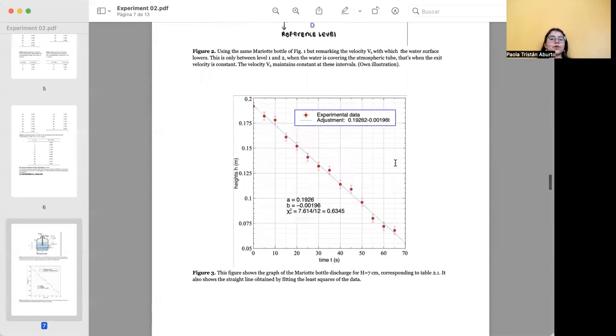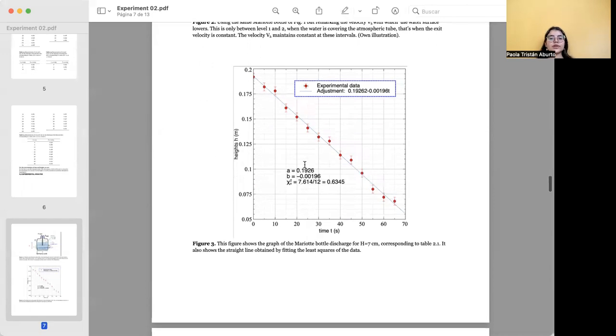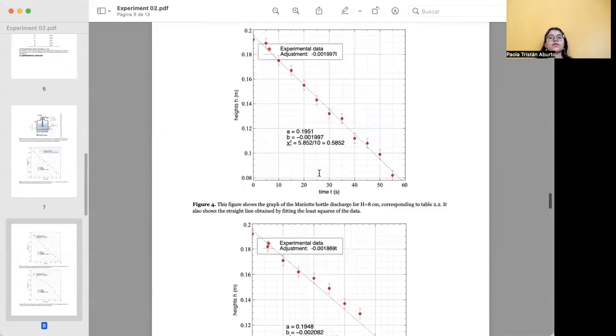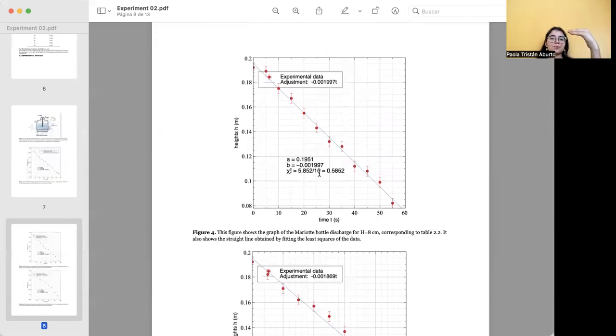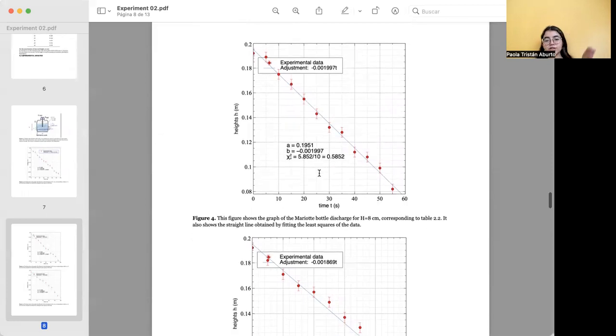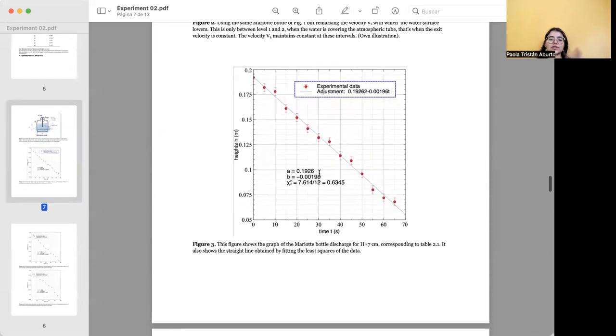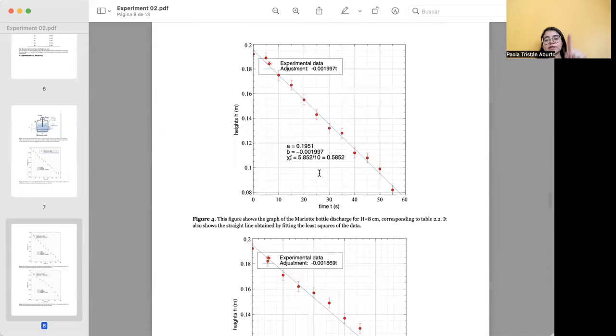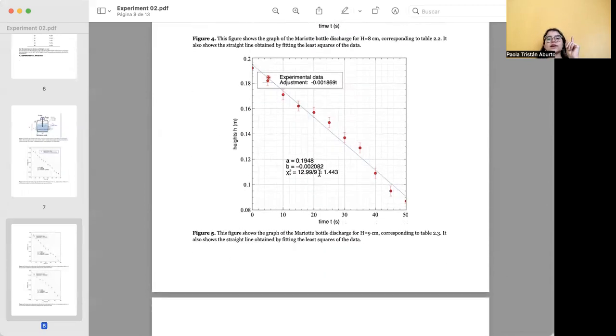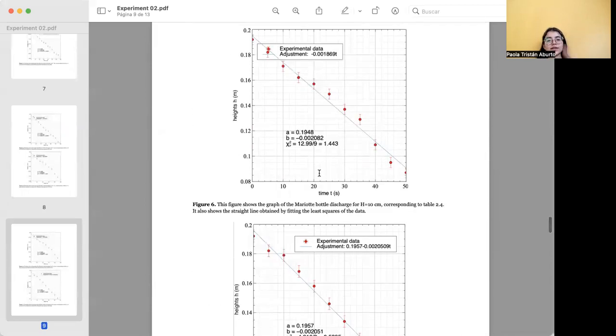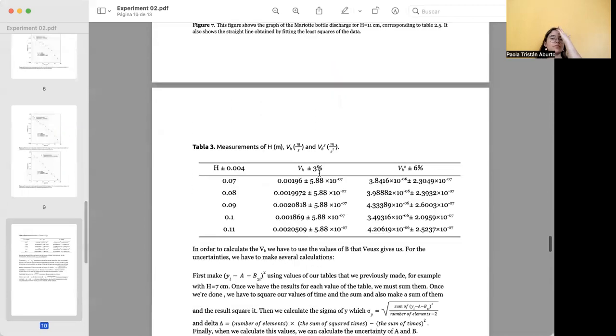So after we obtain all of this, with the several data of the different H, we put them in graphs that show us the value of A and B for each value of H, which is the value of H7, the value of H8, the value of H9, 10, and 11.